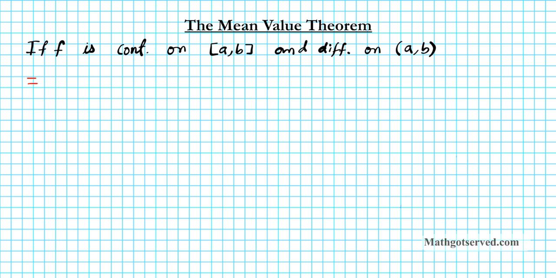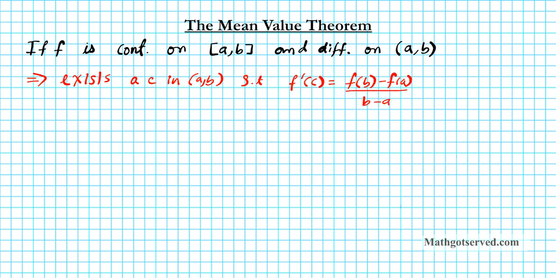Then there exists a C in the open interval AB such that f prime of C is equal to f of B minus f of A divided by B minus A.